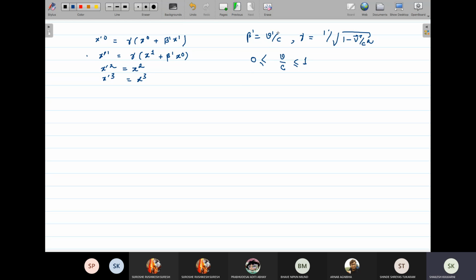It is equal to 1 only for an electromagnetic wave.